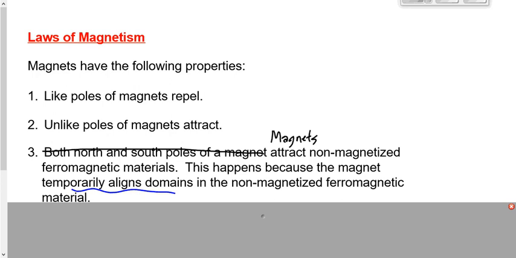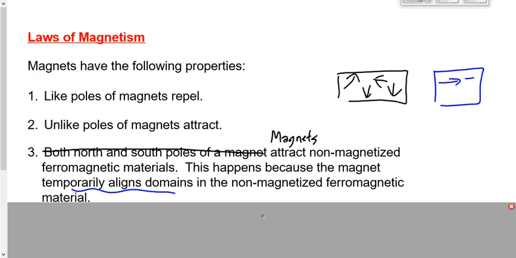This happens because the magnet causes those domains to temporarily align. Here's my non-magnetized material, domains pointing in random directions. You bring that magnet nearby with a north pole and a south pole.